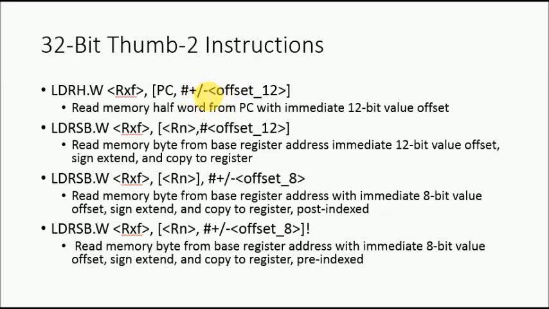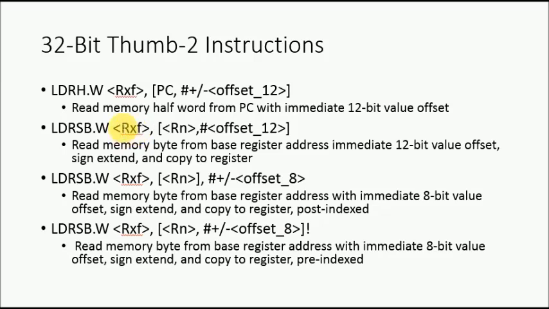ldrsb.w rxf, rn, #offset 12-bit. So we have to read the memory byte from the base register address plus the immediate 12-bit offset. S indicates the sign extended, and the data is copied to the register RxF from the memory.